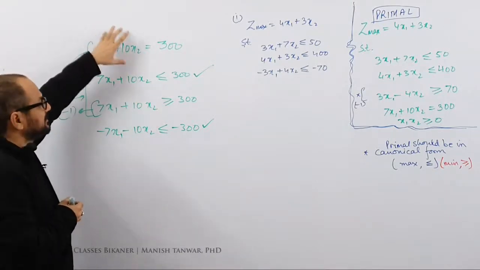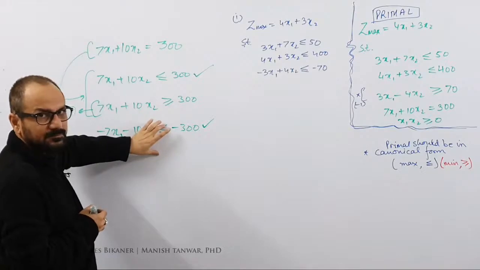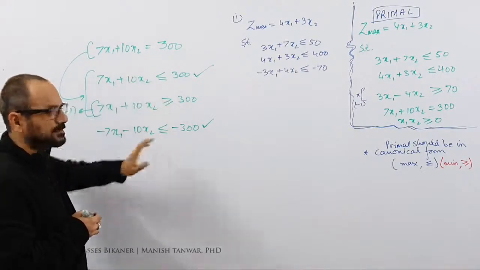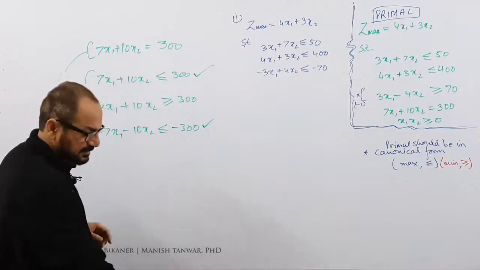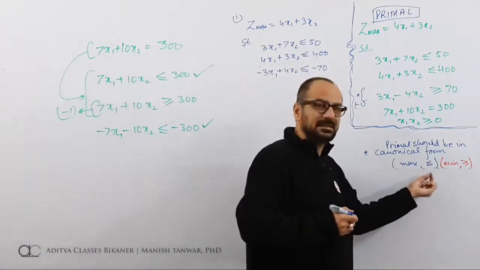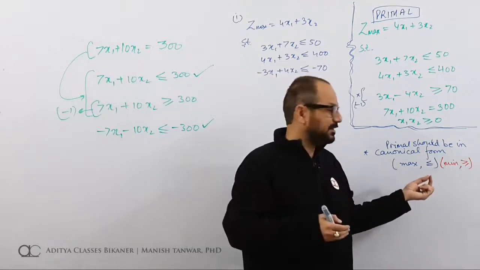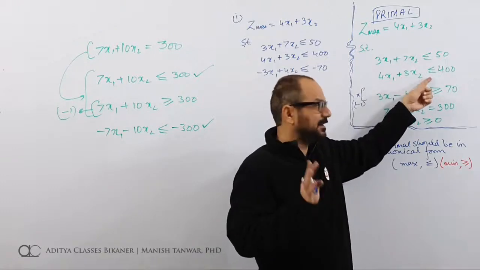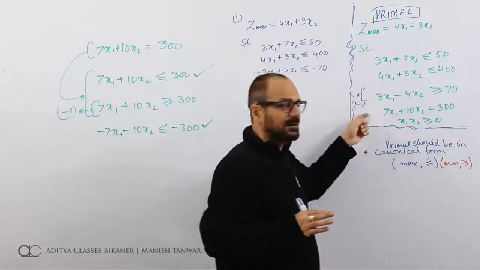This equality has been split into 2. Earlier I went with these, but greater than is not accepted, so I converted it into less than. This is another conversion. Primal should be in canonical form, max and less than. Right now I am converting this into max and less than. These were less than, fine. This was greater than, multiplied by minus 1.